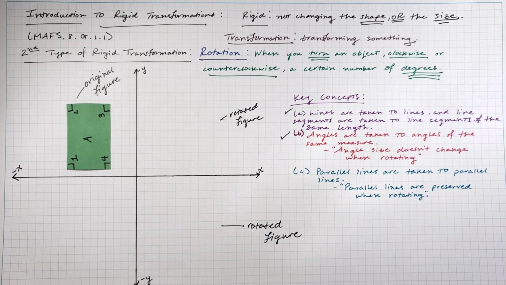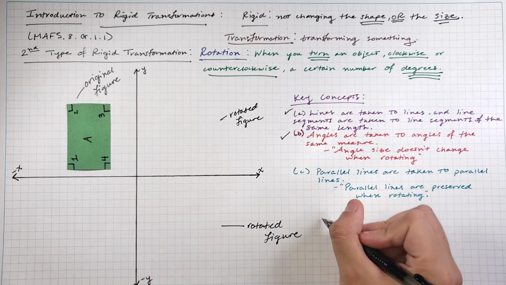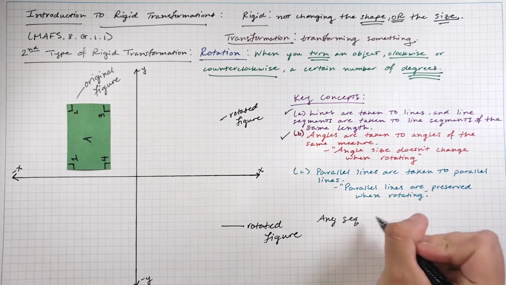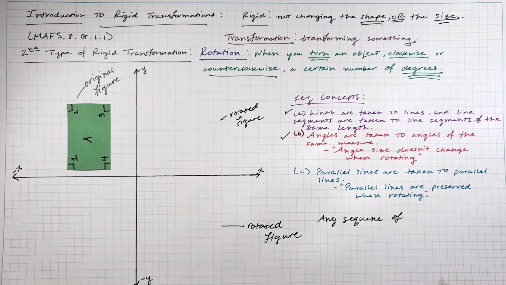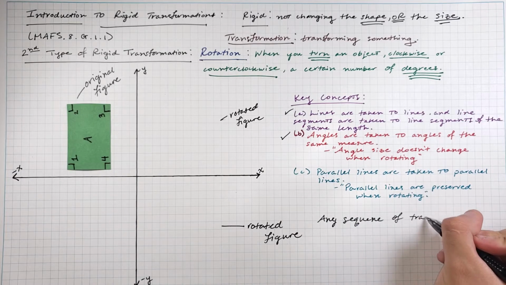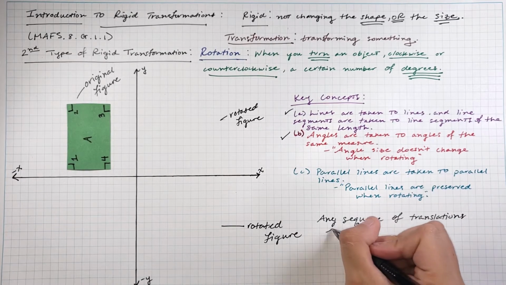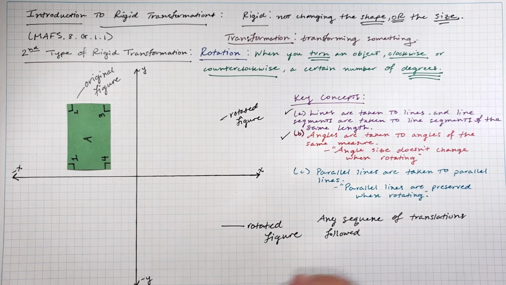So now maybe we can say that any sequence of translations followed or preceded by rotations preserves lengths, angles, and parallel lines. Because it doesn't matter what order you go in.